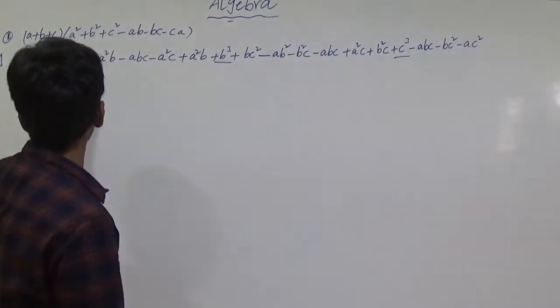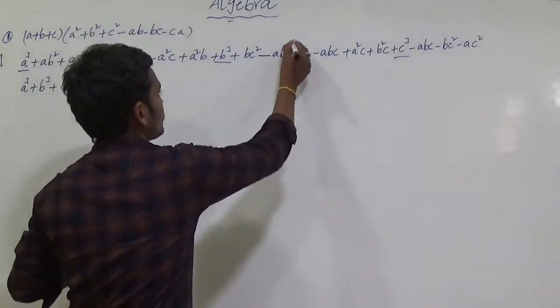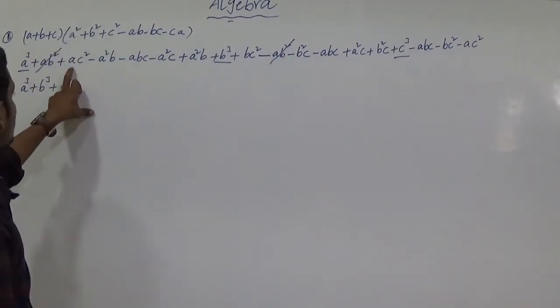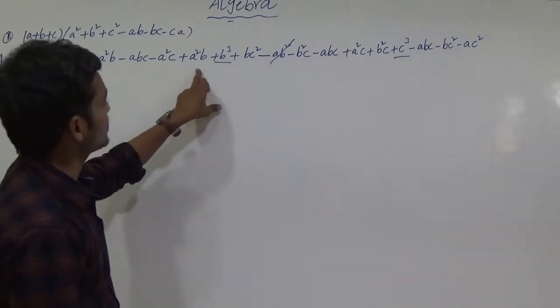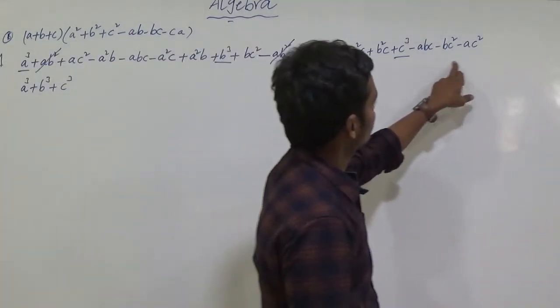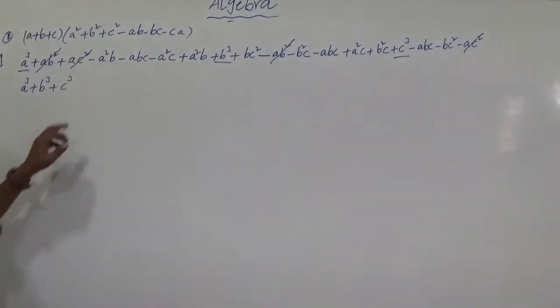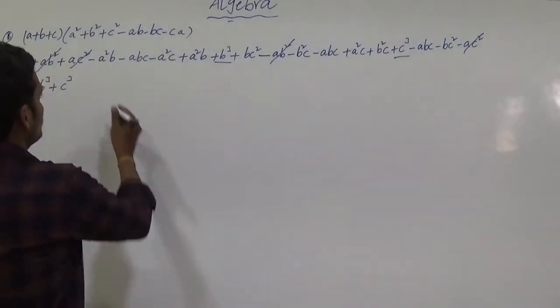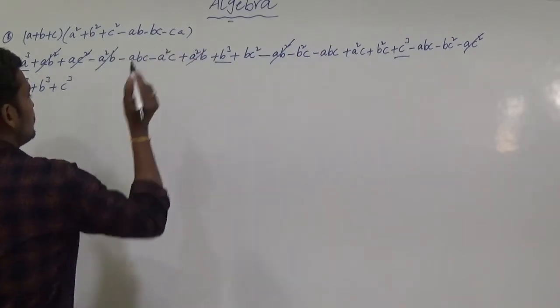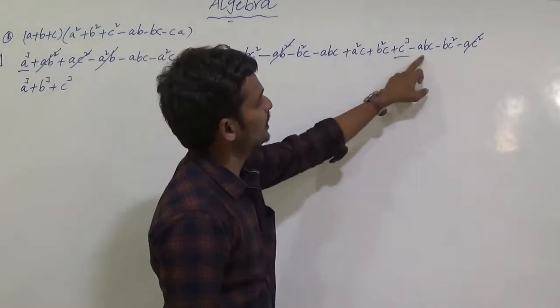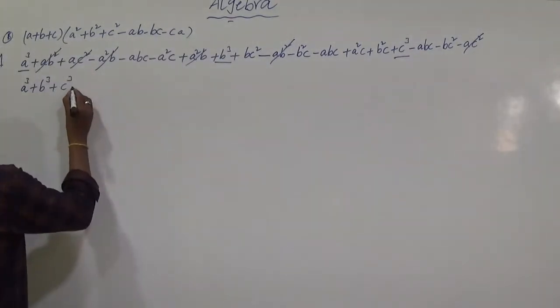Observe, here plus ab square and here minus ab square are cancelled. Is there any ac square? Yes, here the ac squares are cancelled. A square b and a square b cancel as well. Minus abc, here minus abc, here minus abc. Total minus 3abc.